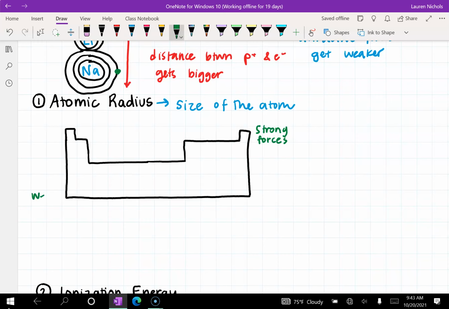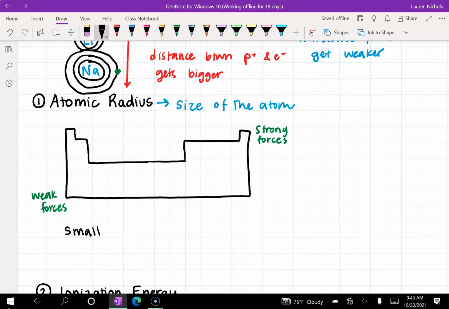And then the bottom left-hand corner is where you have those weak forces that we just talked about, okay? So what happens is if you have a small atomic radius, which I'm going to abbreviate as AR, and I'm actually going to write it below it.